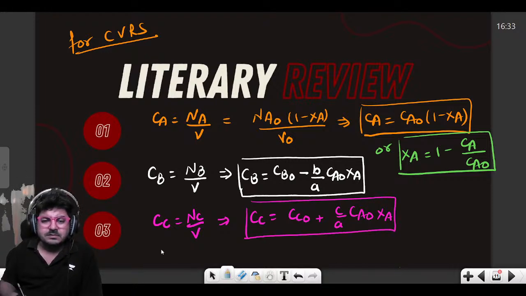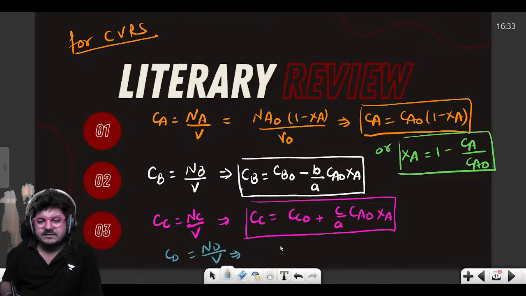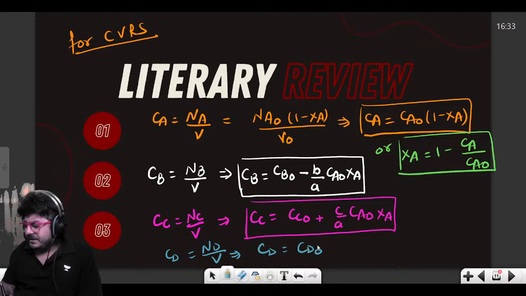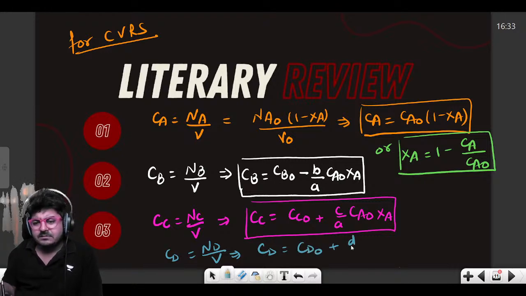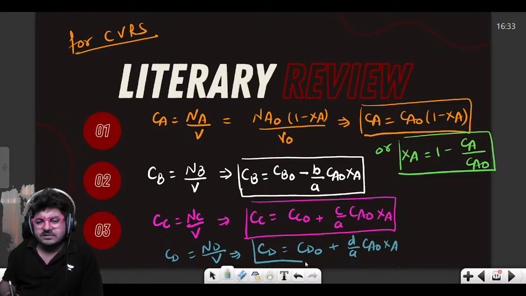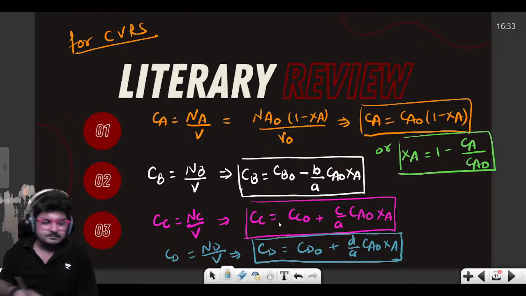And Cd will be Nd upon V, when you put the value of Nd in terms of Xa. So this will be the equation.